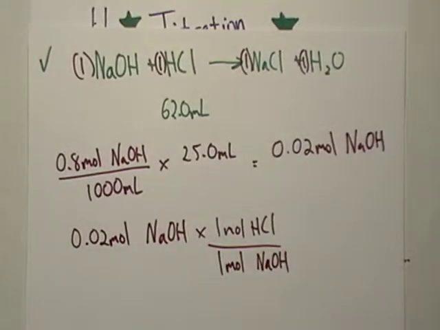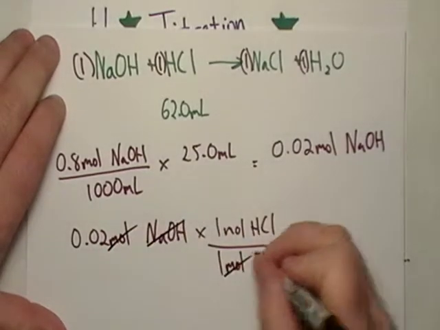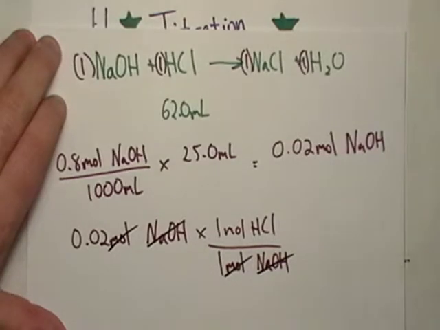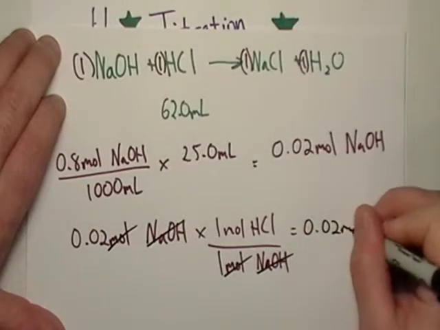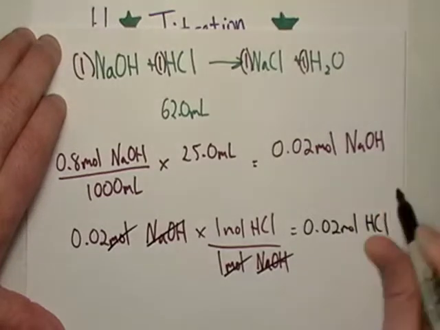When I do the math, my units will cancel out. This is a simple one, a 1-to-1 ratio, so we end up with 0.02 moles of HCl.